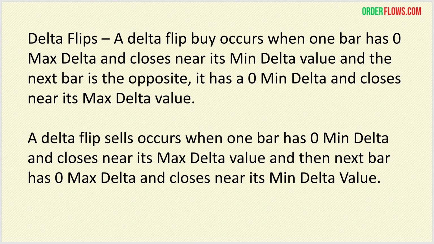This is why I talked about max and min delta in a previous lesson, so you can understand its importance and what it is, so that you can use it in this lesson to find the delta flip. And now when I say it has 0 max delta or 0 min delta, honestly, that's it in the strictest sense.